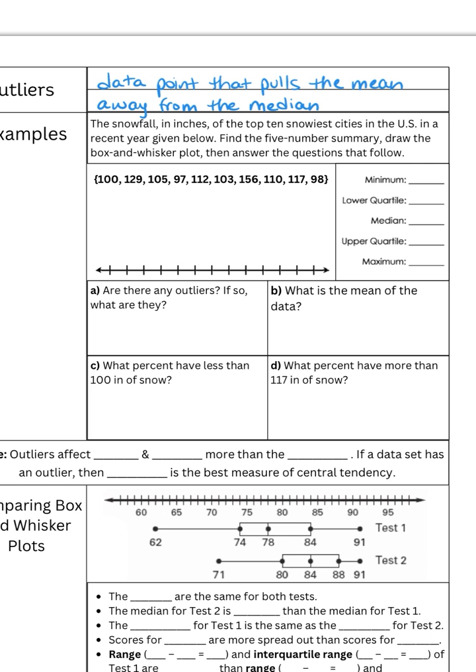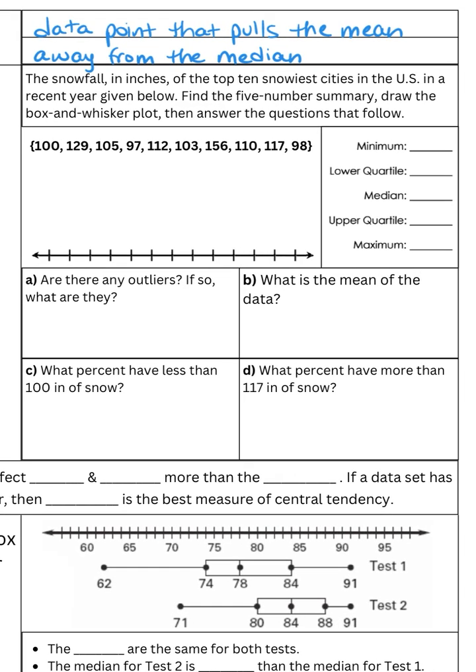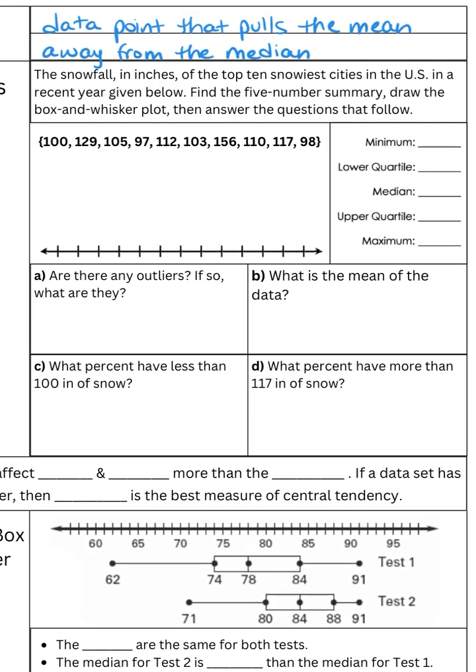Okay, so the snowfall in inches of the top 10 snowiest cities in the United States in a recent year is given below. Find the 5-number summary, draw the box and whisker plot, and then answer the questions that follow. So we have to put our data points in order.